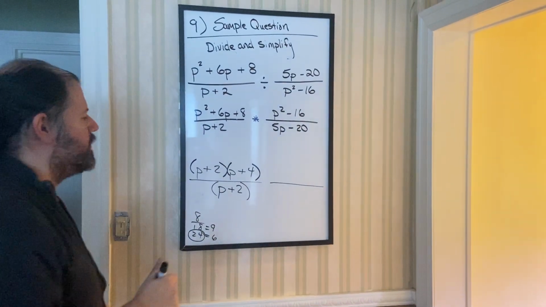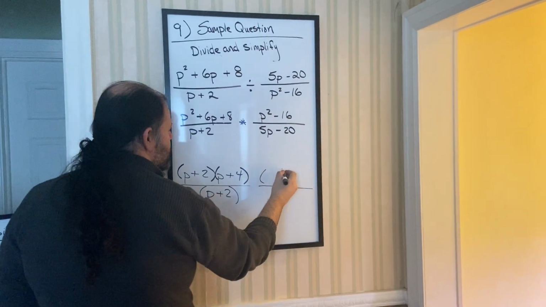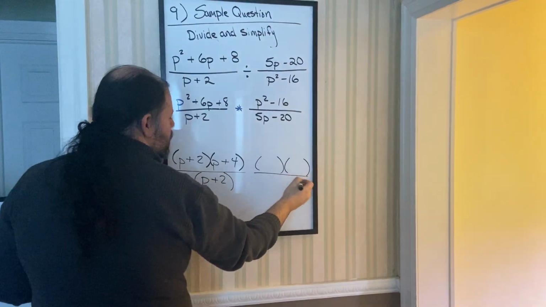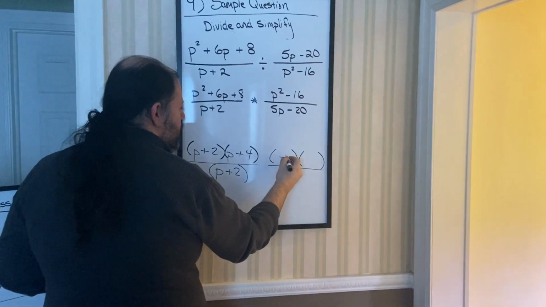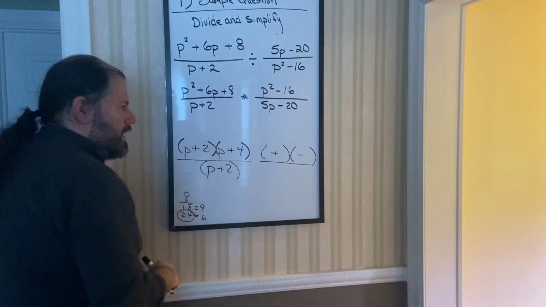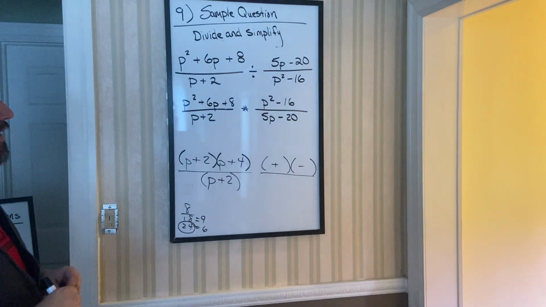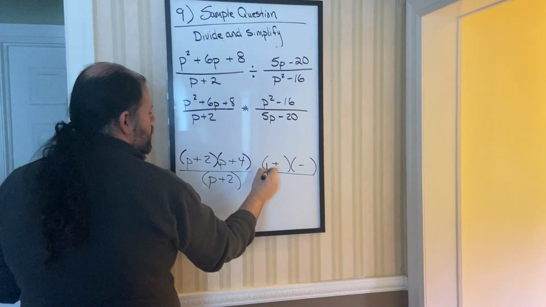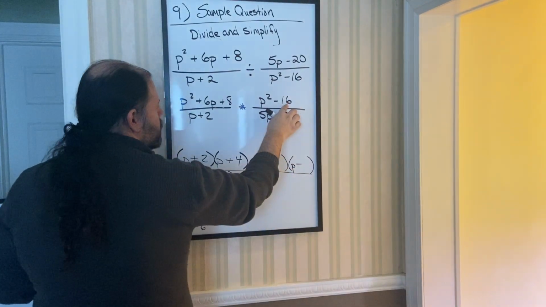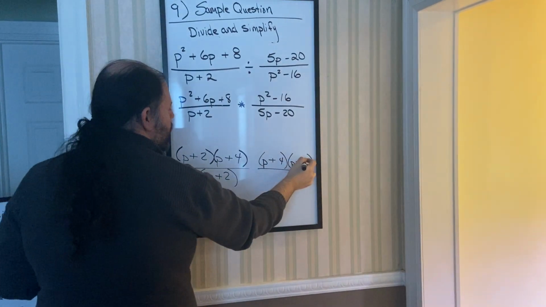They both have to be perfect squares. If they do, it meets the definition. Difference of squares is two sets of parentheses, kind of like the shortcut, but you go into signs first, plus and minus for difference. Then square roots, p and p, and then square roots, 4 and 4.